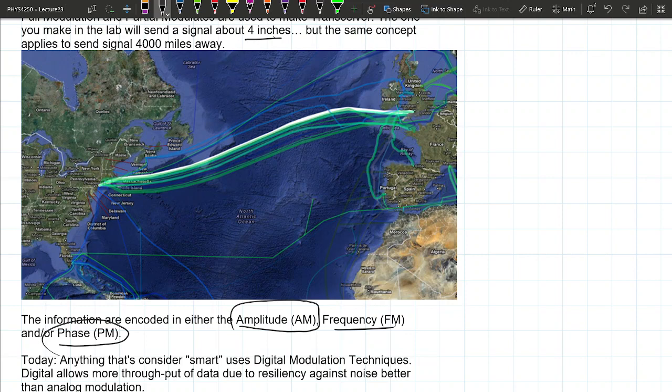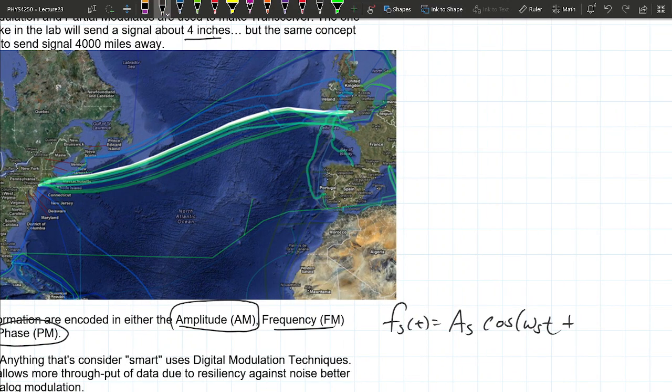So there's 3 things, right? A signal has some amplitude, it has some frequency, but it can also have some phase, right? Those are the 3 pieces of information that can be encoded into a signal.